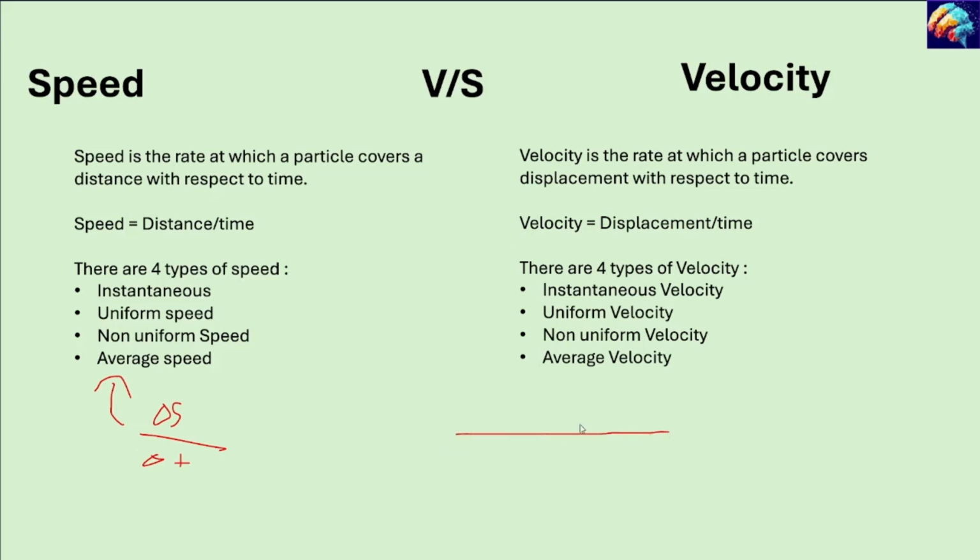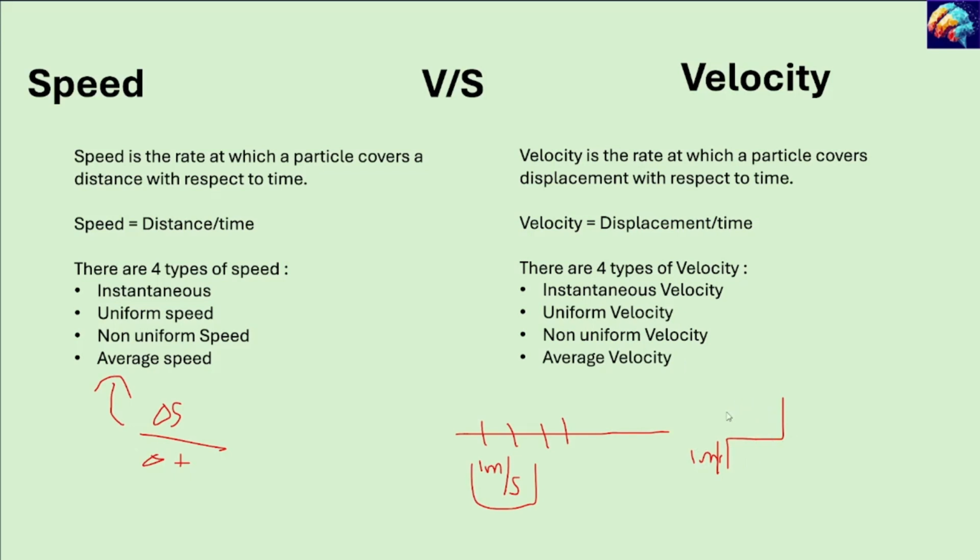For example, it moves in the same direction at 1 meter per second. This is the velocity of an object. For example, an object moves in this direction with 1 meter per second. The speed of the object is uniform, but the velocity is not uniform because there is a change in direction.